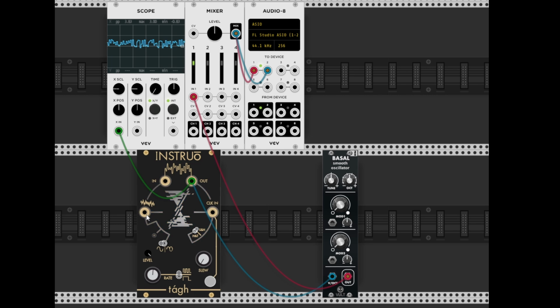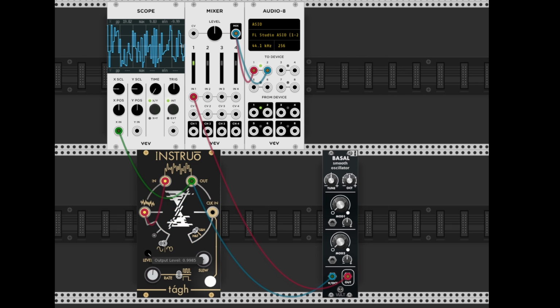Now I increase the range of levels, and I do so by patching the output here, the output of the noise unit, into the input of the sample and hold unit. And now the range of possible CV output levels is even wider.